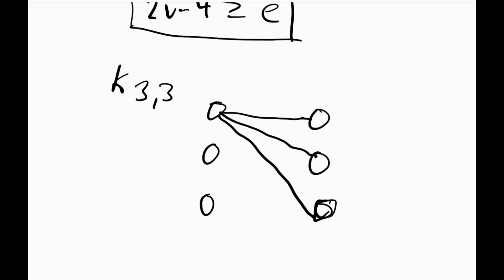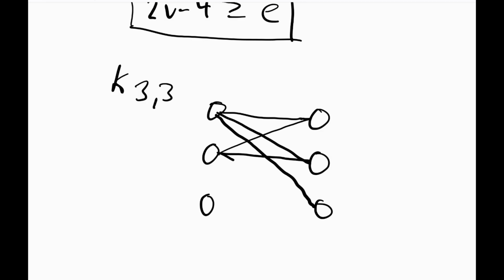The way we choose to draw it here is somewhat arbitrary, but it is the more default way to draw bipartite graphs, to show that the vertices on each of the two sides are not connected to each other, but are connected to the vertices on the other side. And this is the complete case. Each of the three vertices on the left side is connected to all three vertices on the right side, and the same applies from the right side to the left side.